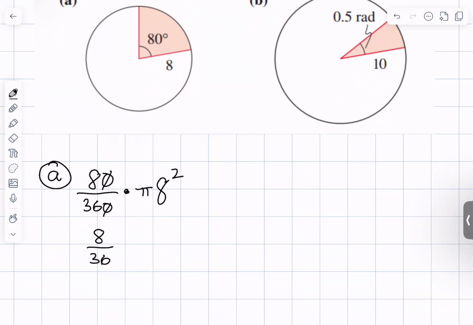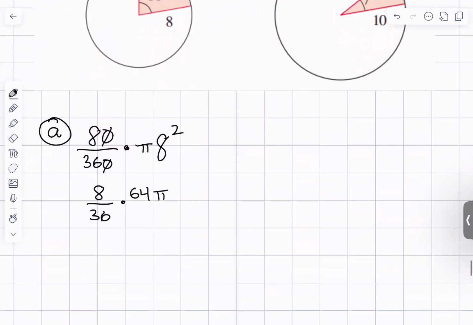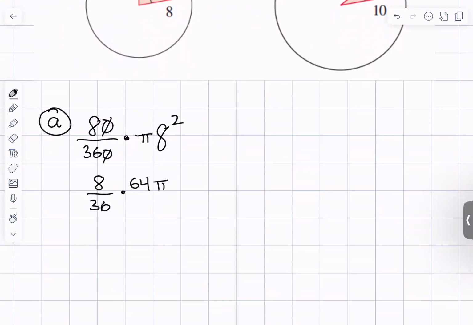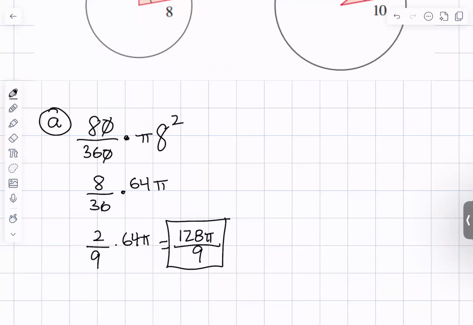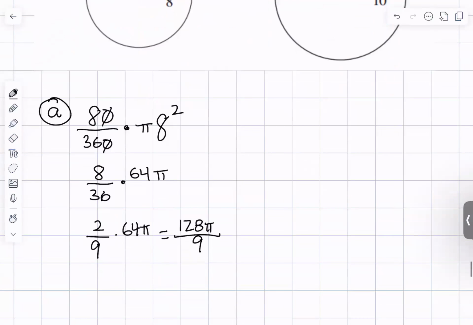I can simplify that more, times 64 pi. 8/36 can both go into 4. So it'd be 2/9 times 64 pi, which is 128 pi over 9. And then, no, there are no units. So that'll just be your answer.